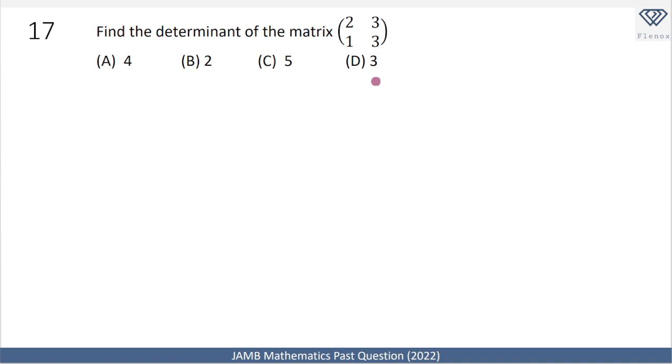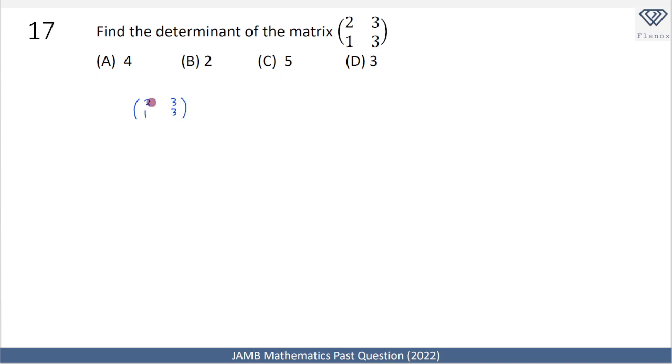So for 17, we are told to find the determinant of the matrix. So you can also watch our video on matrices and determinants to find out how this is done. But the way you go about solving this problem, since this is a 2 by 2 matrix, is very simple. All you do is multiply the diagonals, and by diagonals I mean, for example, you have 2 1 3 3.